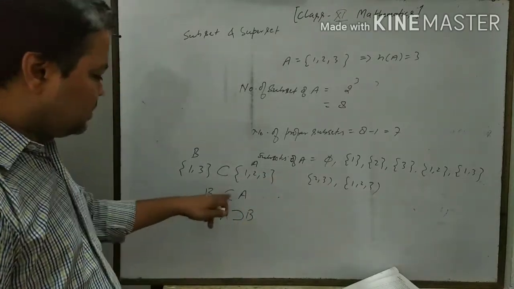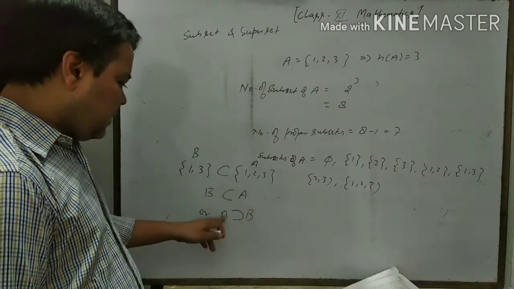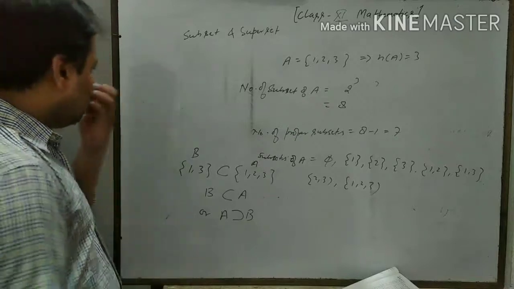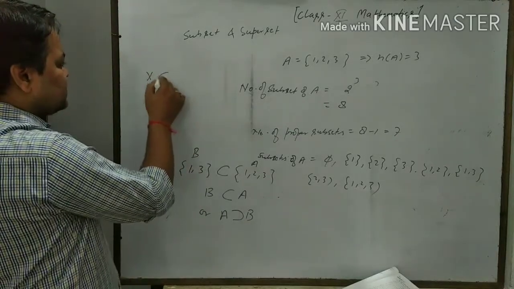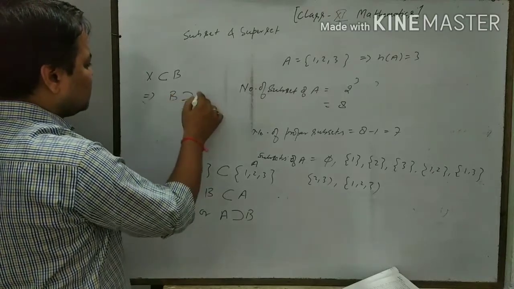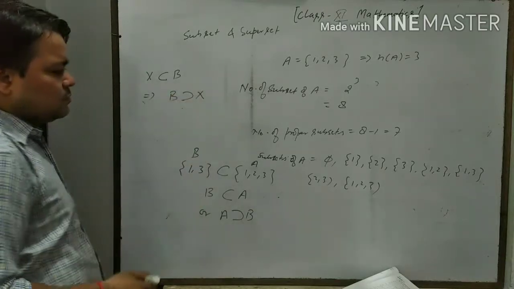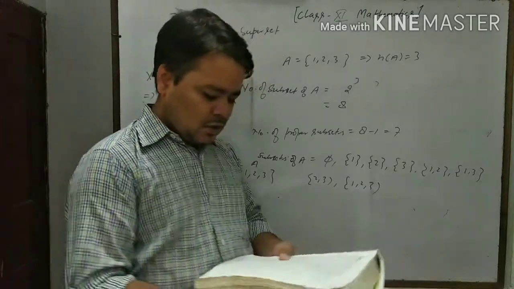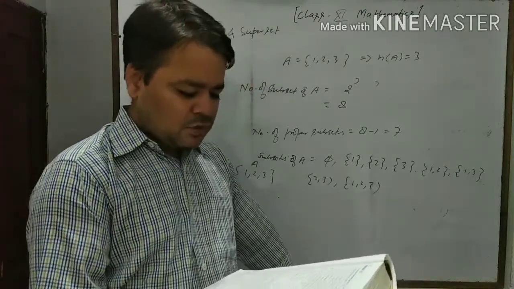Here B is a subset of A and A is a superset of B. We can say it this way. One more example: if X is a subset of B, we can say that B is a superset of X. Getting? In this way, you can solve question number 4 also.